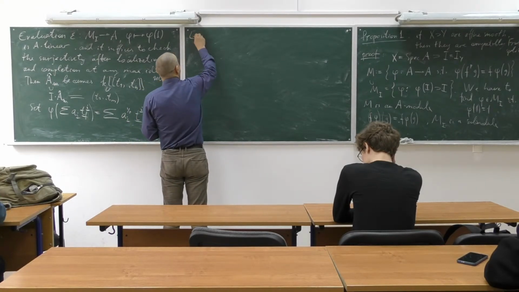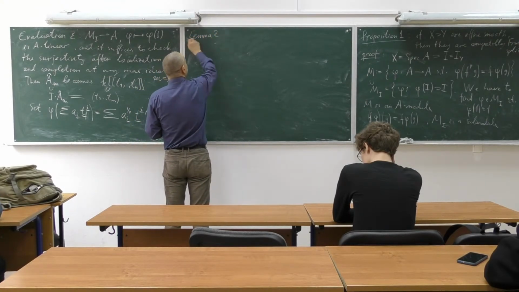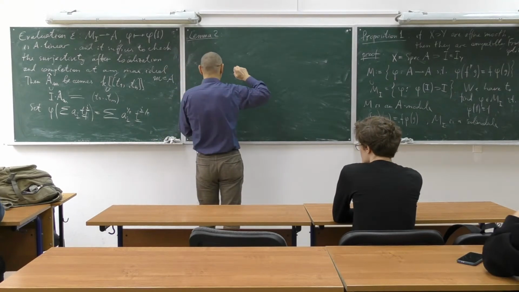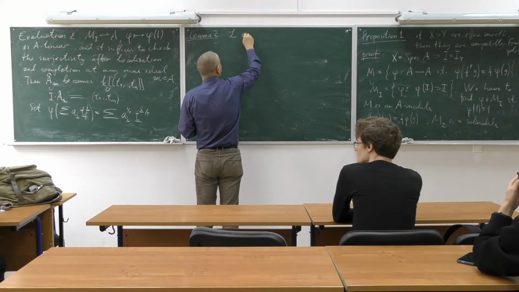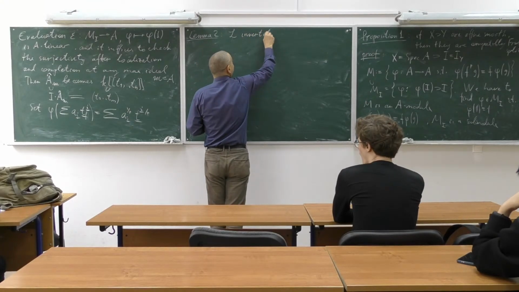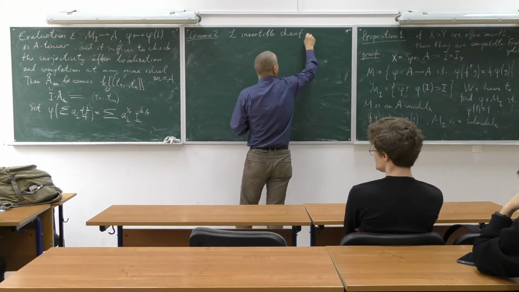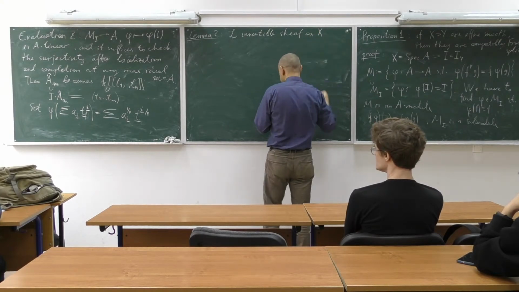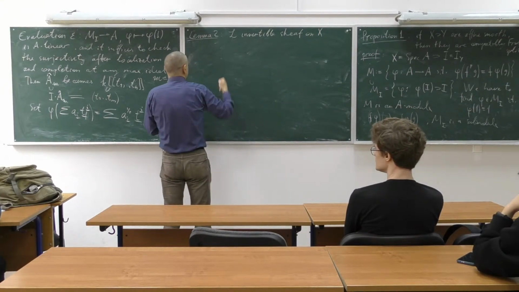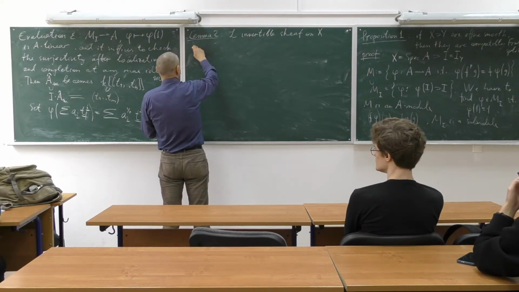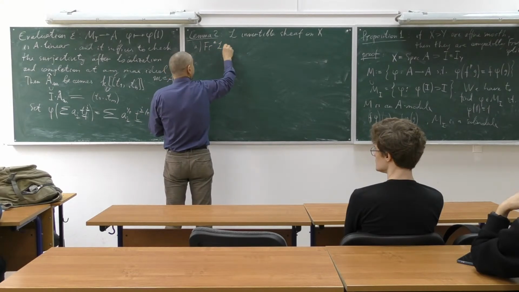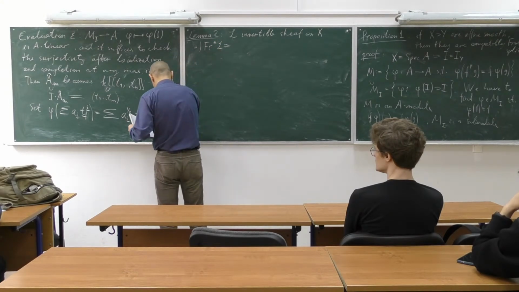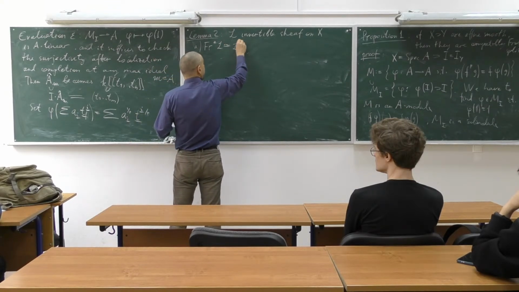Okay, so the next lemma 2 considers a line bundle or invertible sheaf L on X. And then it says that first, the Frobenius pullback of L is isomorphic to L to the power p.